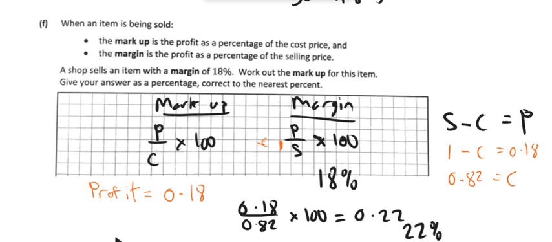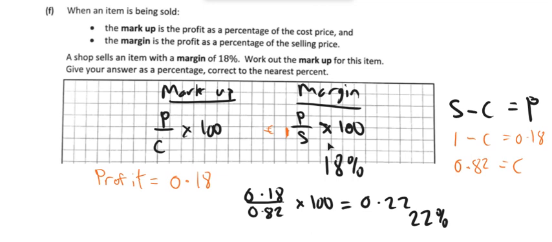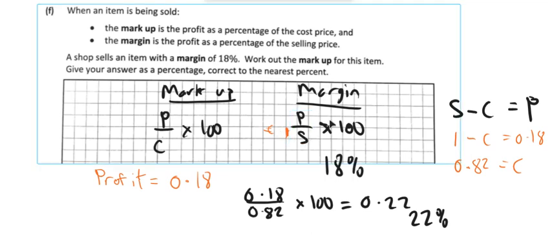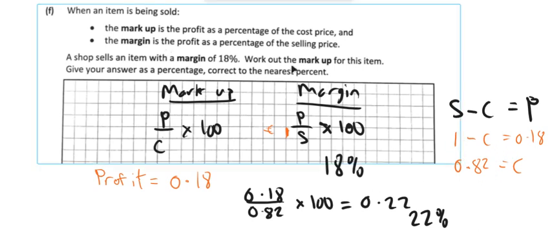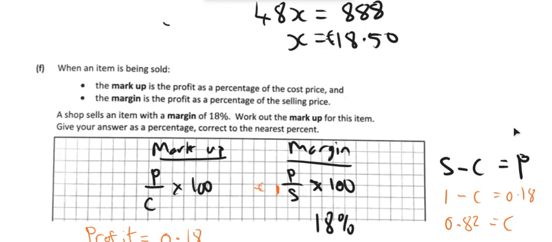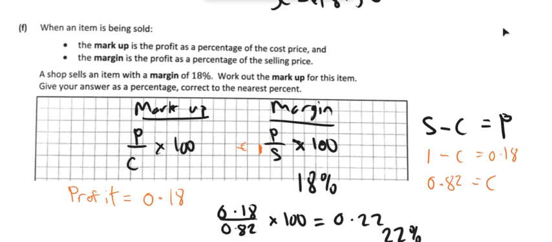So 22% then. I eventually got there. I'm confused, mixing up myself. Yeah, so you let 1 be the selling price because it doesn't really matter. And then you work out that the profit has to be 18 cent. You know the selling price, you know the profit, so you can get the cost and you put the cost back in then. So it's a tricky question, another tough question overall.